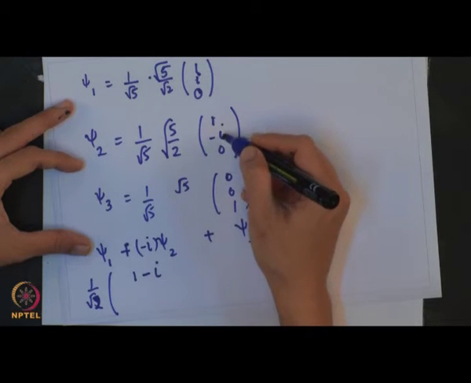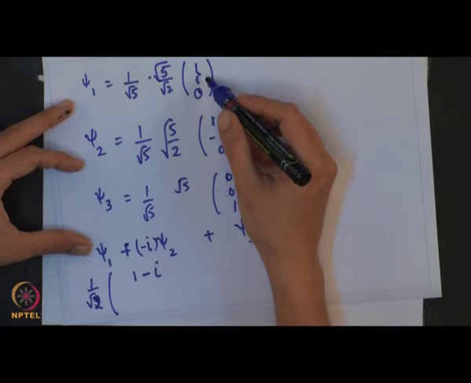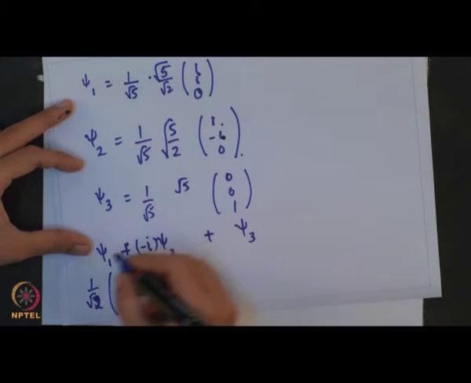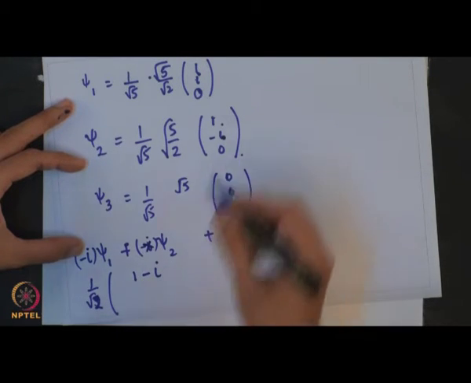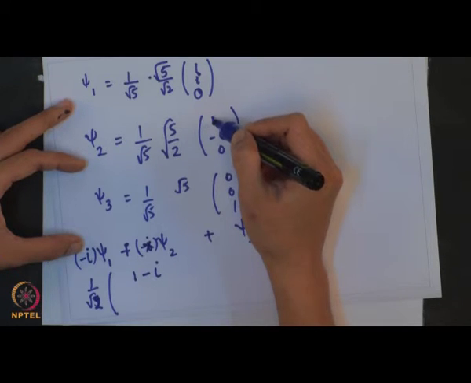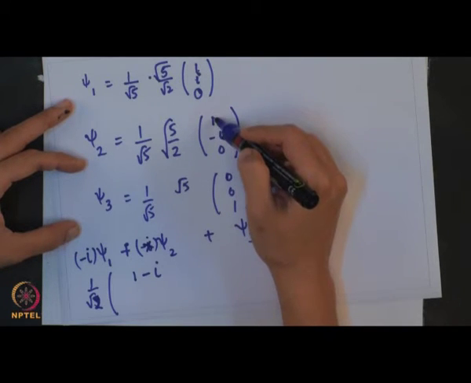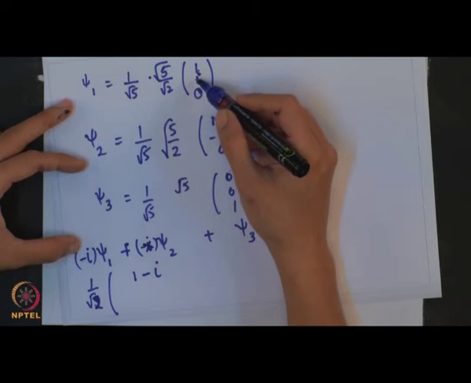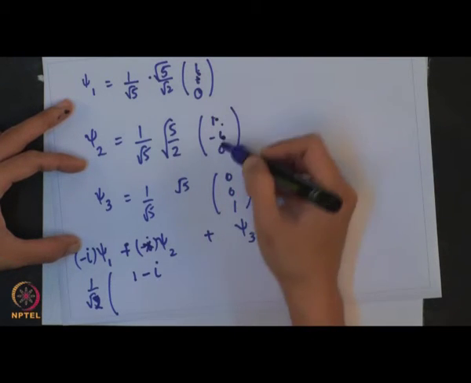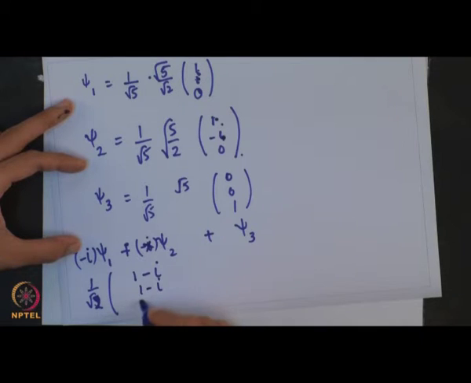So, rather I will have to multiply this by minus i. So, let me multiply this by minus i, this is nothing. So, first term will give me minus i plus 1. So, 1 minus i. Second term will give me 1 minus i. Third term will give me 1.